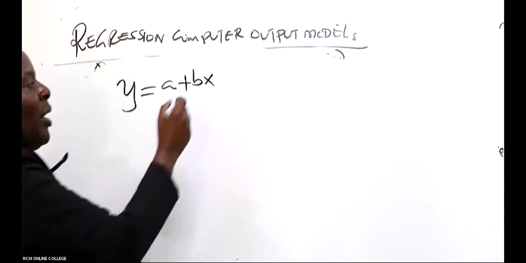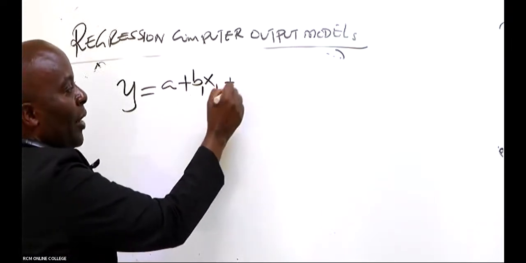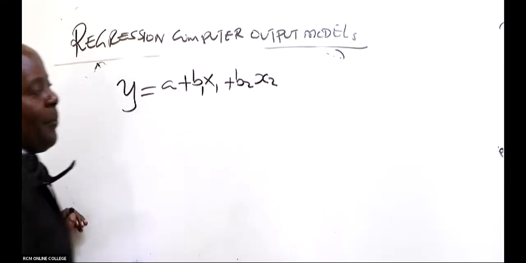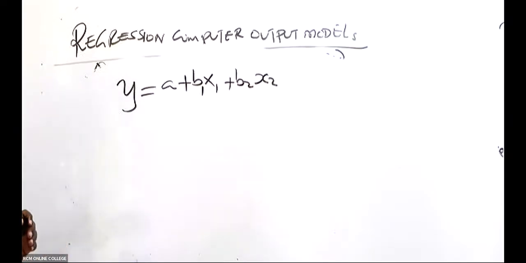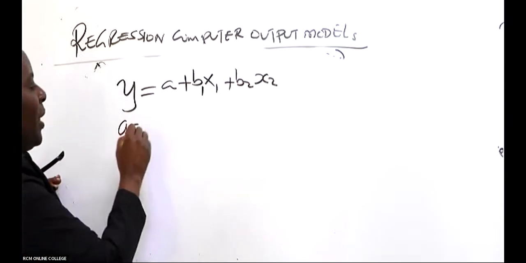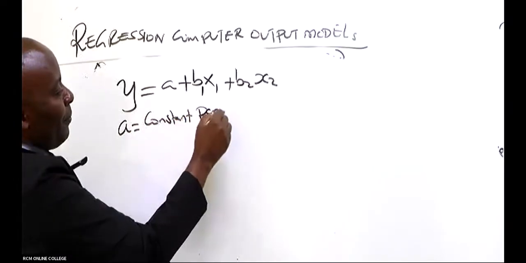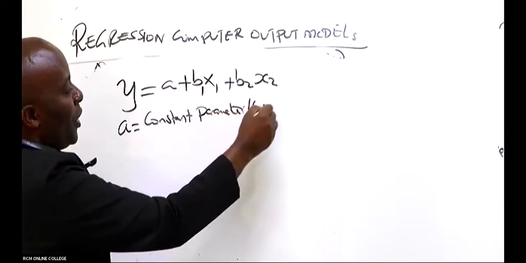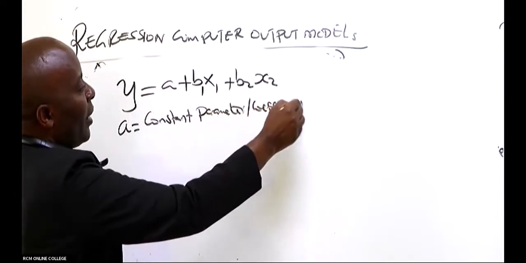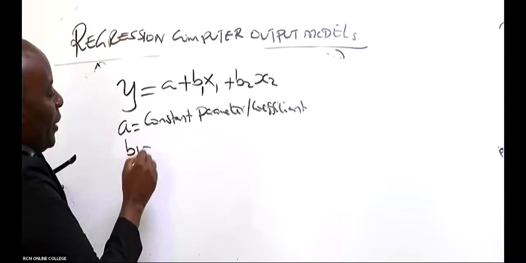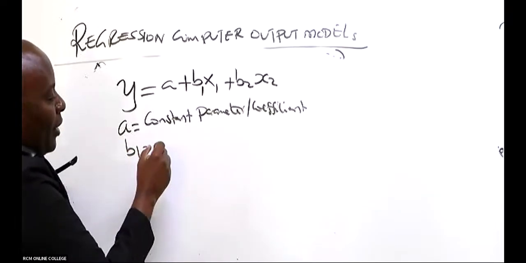But now remember, we have two of them, so b1 x1 plus b2 x2. This a is the constant parameter or constant coefficient. And then we have b1.